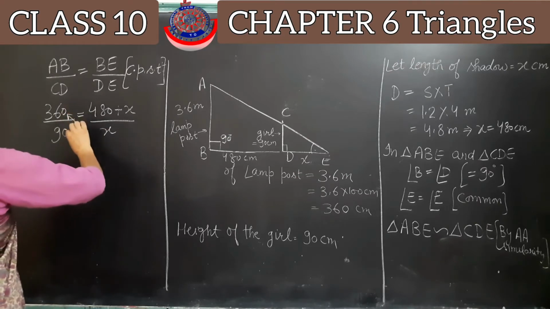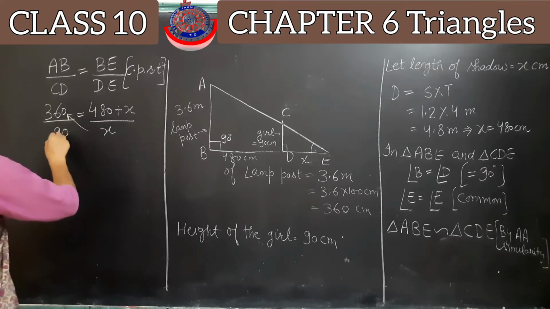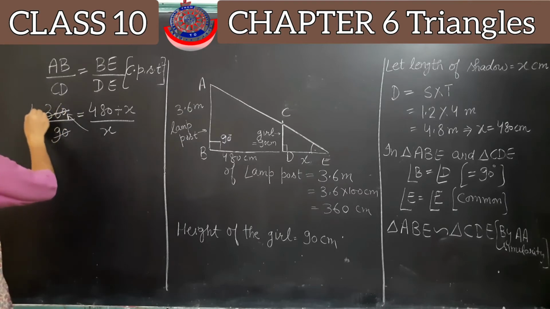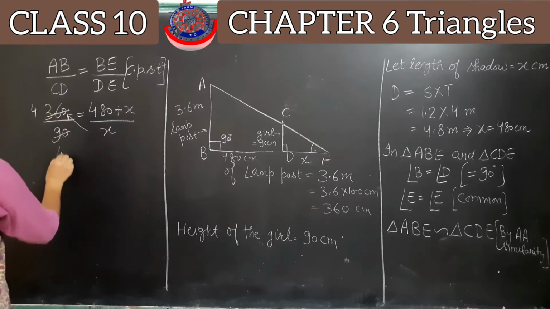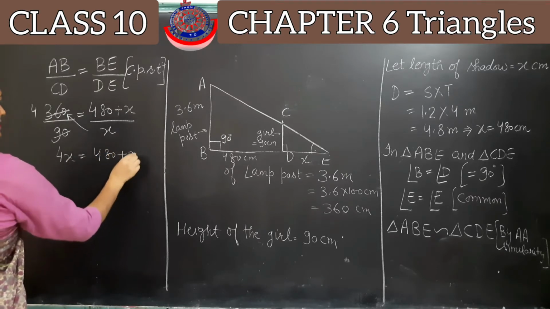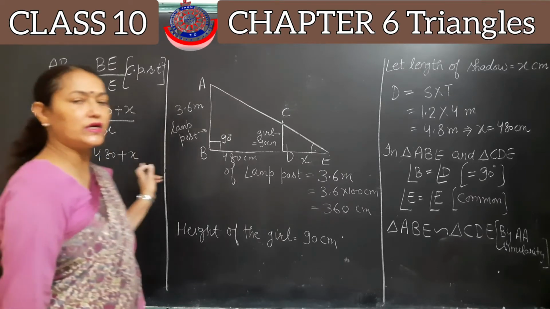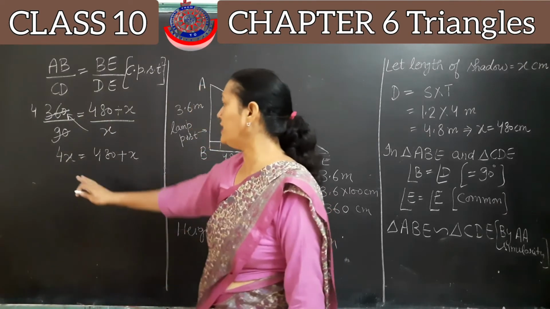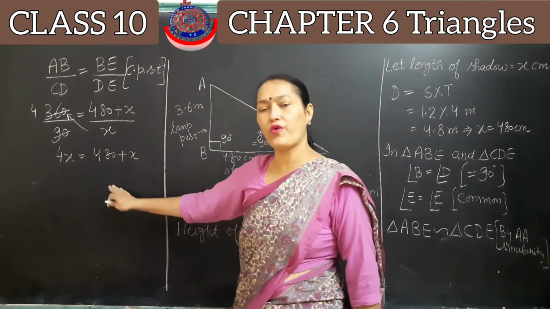Now cutting 90 4 times, and cross multiplying, we will be having 4x is equal to 480 plus x. Now shifting x to the other side, we will be having 3x equals 480.